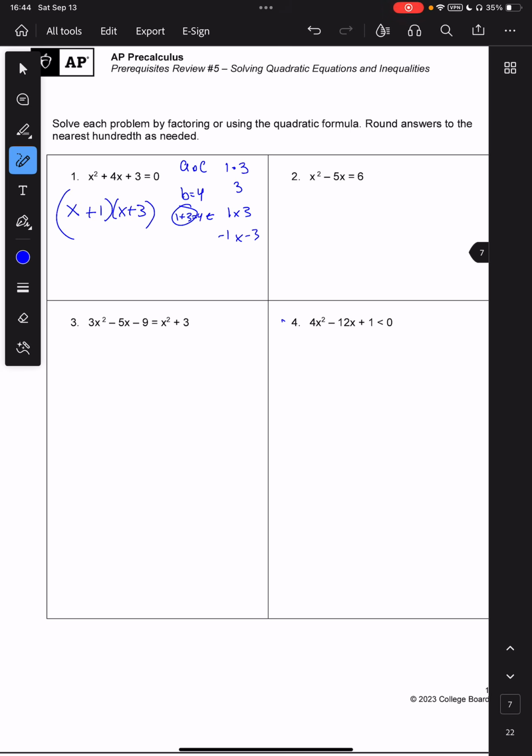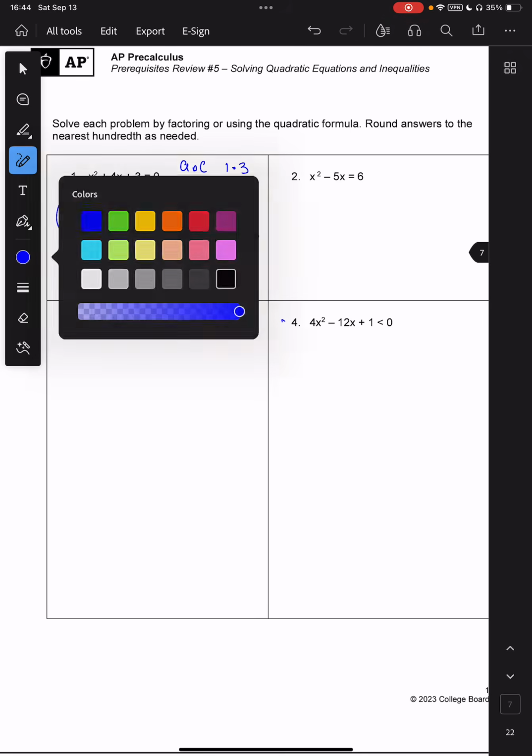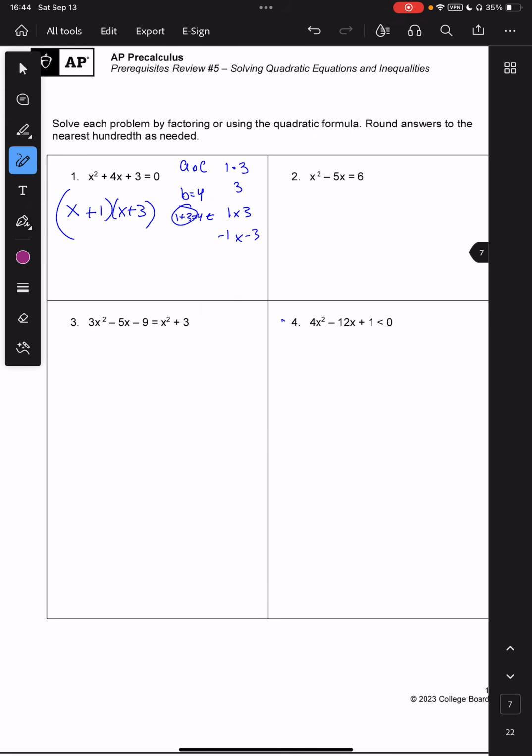We've done a lot of these, so hopefully by now you are comfortable, you can do these. So now we have x plus 1 times x plus 3, but we're setting them equal to 0. So what we're going to do is solve for x. Remember, when we are solving these, only one of these has to equal 0, because when one of them equals 0, anything times 0 is 0. 10 times 0 is 0. 1,000 times 0 is 0.